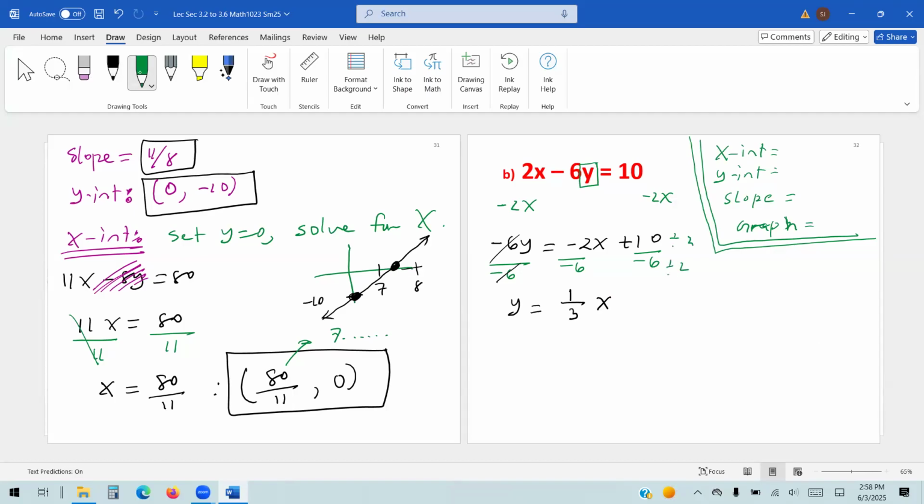Both of them are divisible by 2. So it's minus 5/3. That tells us what we are looking for. What's the slope? 1/3. What's the y-intercept?